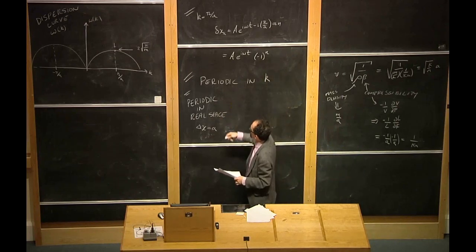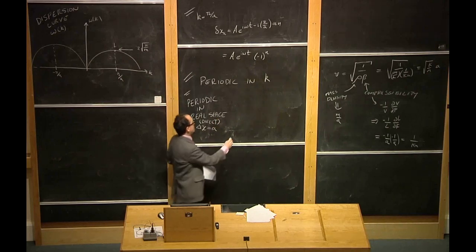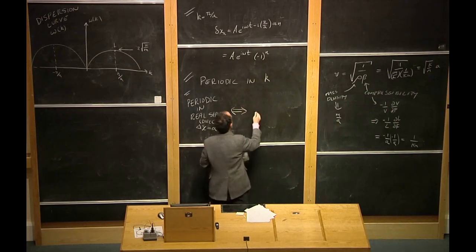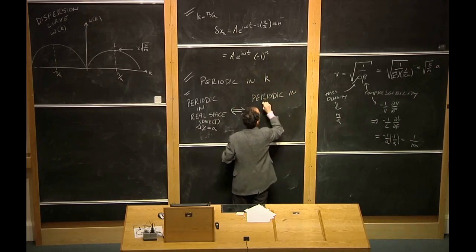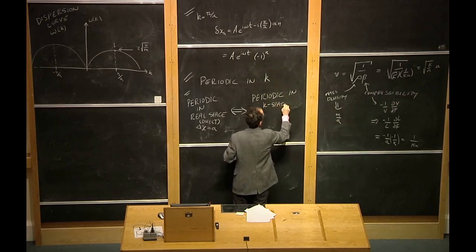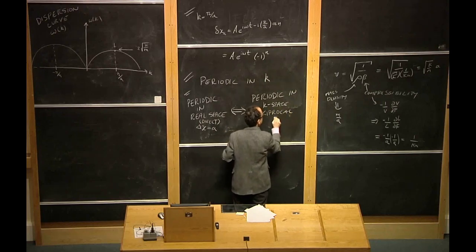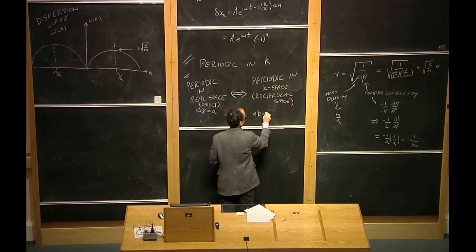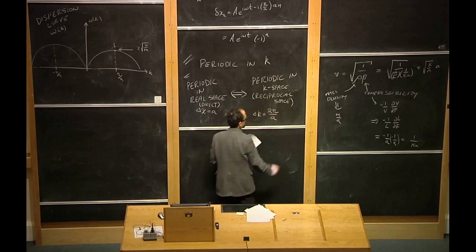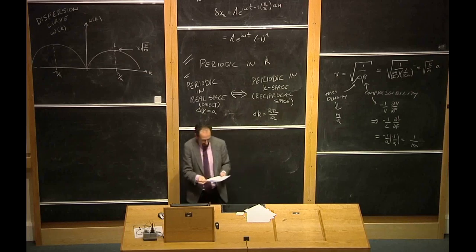If you have something that's periodic in real space, I should also say that real space is also known as direct space, that will imply that you have a dispersion which is periodic in k space, also known as reciprocal space, with a periodicity delta k equals 2 pi over a. And hence the name reciprocal, because here the a is upstairs and here the a is downstairs.